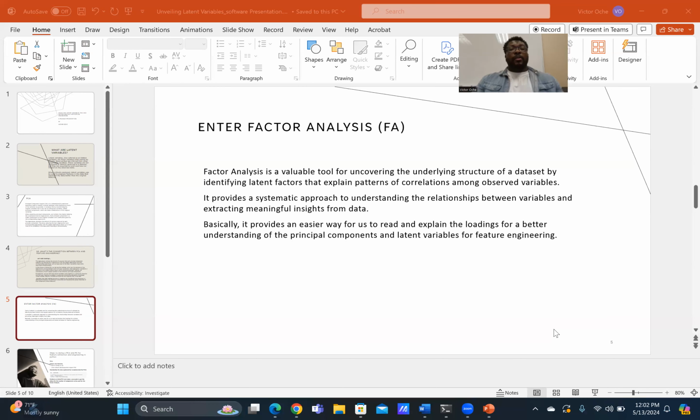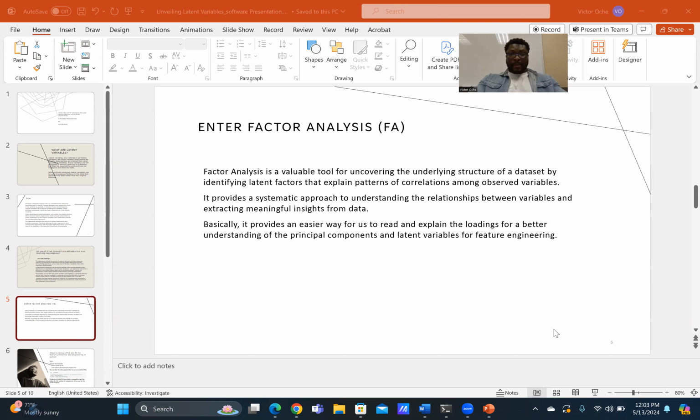Sorry about that. So we'll continue. What is factor analysis? Factor analysis is a valuable tool for uncovering the underlying structure of a data set by identifying latent factors that explain patterns of the correlations among observed variables.